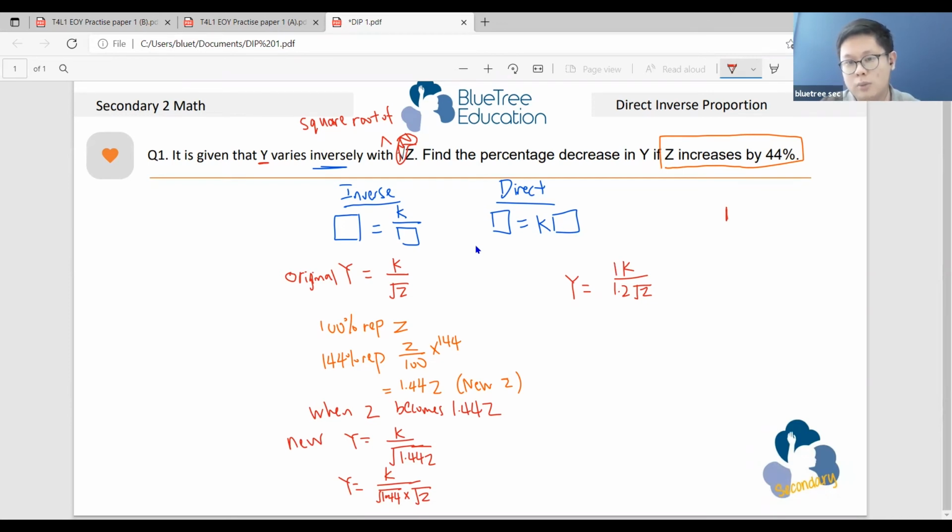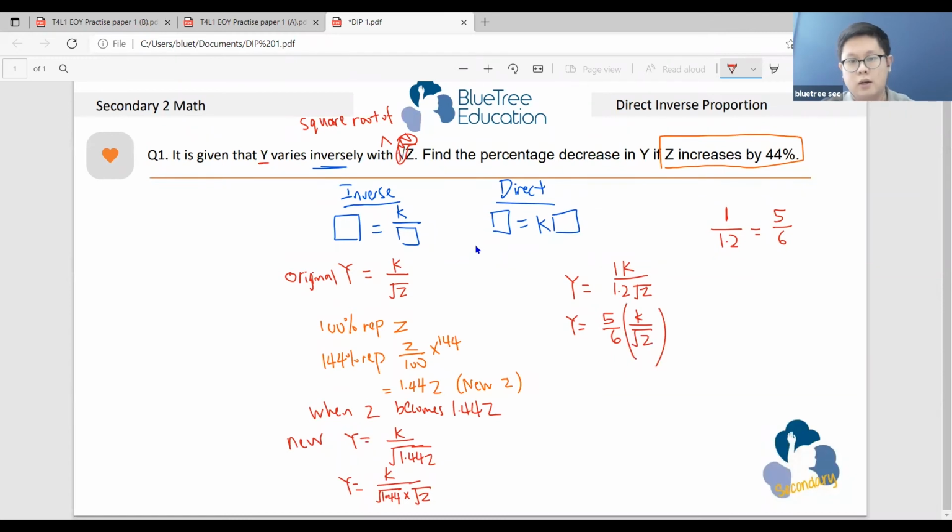If there is no number above, by default it's just 1. So 1 divided by 1.2 is what I'm supposed to simplify, and I realize that this is actually 5/6. So I'm going to pull the 1.2 away from the algebra expression and put it as 5/6 multiplied by k over square root z.